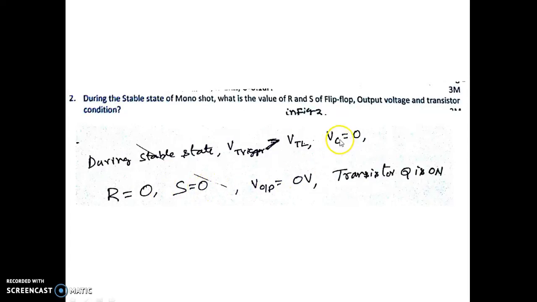Now since the capacitor voltage is 0, it is possible only when the transistor is on. We know that the transistor is getting the base drive from the opposite of Q, which is, since Q is 0, Q bar is 1, so the transistor will be on. Whatever voltage is stored in the capacitor will be discharged to 0. We're going to have R equal to 0 and S equal to 0.